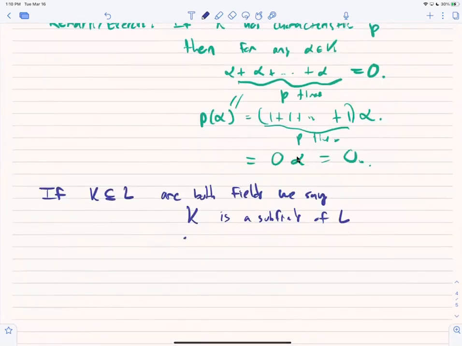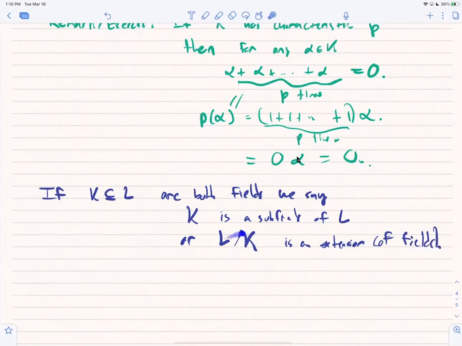And we say L over K is an extension, and really we should say an extension of fields, but sometimes we just say an extension or a field extension.